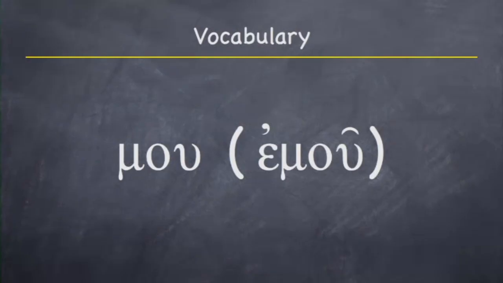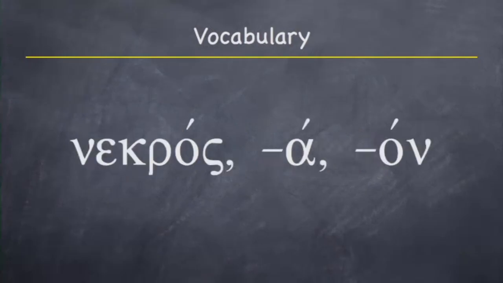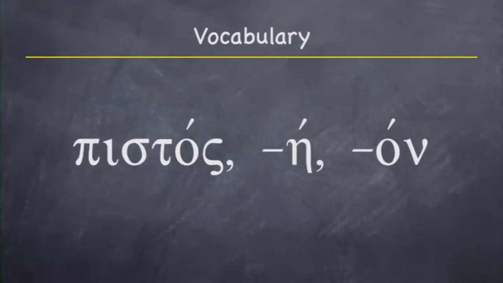Mou: my, also pronounced emou. Nekros, nekra, nekron. As an adjective, dead. As a noun, dead body, corpse. Pistos, piste, piston: faithful, believing.